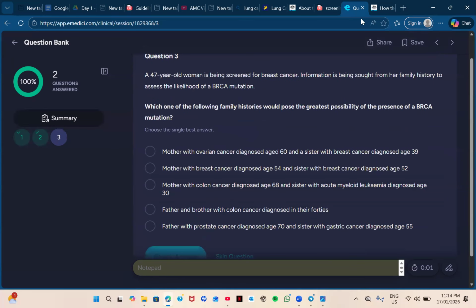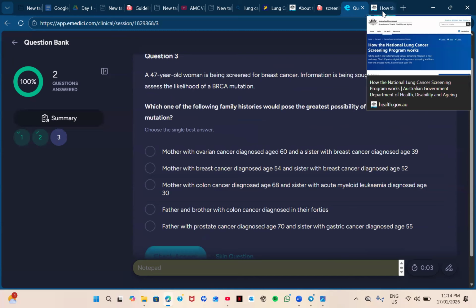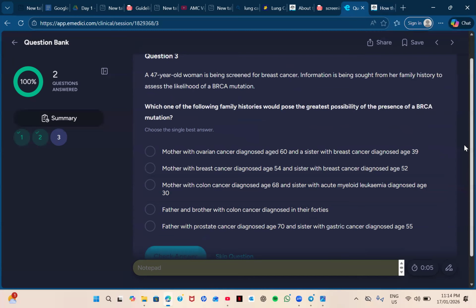Okay, a 47-year-old woman is being screened for breast cancer. Information is being sought from her family history to assess the likelihood of a BRCA mutation. Which one of the following family histories would pose the greatest possibility of the presence of a BRCA mutation?